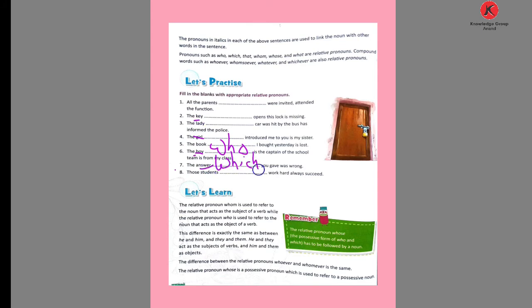Which. The answer which you gave was wrong. Then the last one. Those students blank work hard always succeed. Talk about the students just like the parents. So what comes here? Who. Those students who work hard always succeed. So this is how we put the correct relative pronoun in the blanks.